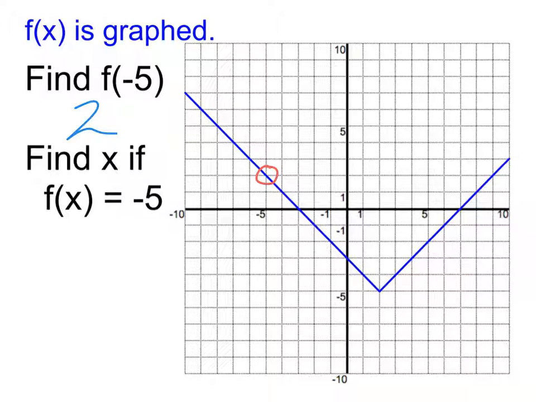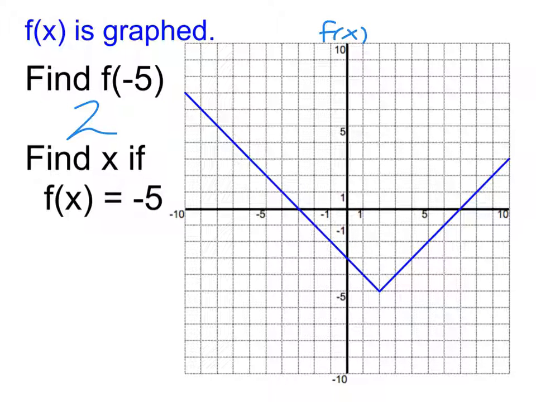All right, now let's take a look at the second problem here. In the second one, we're asked to find x if f of x equals negative 5. Now this is where it's useful remembering that f of x is just a fancy name for y. If you like, you could actually name this y-axis as the f of x axis. So it's basically saying when that y value is negative 5.